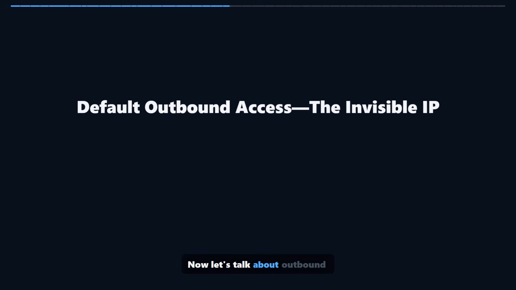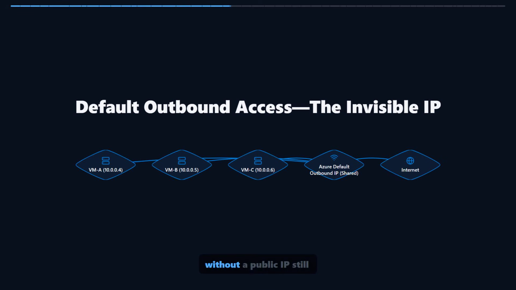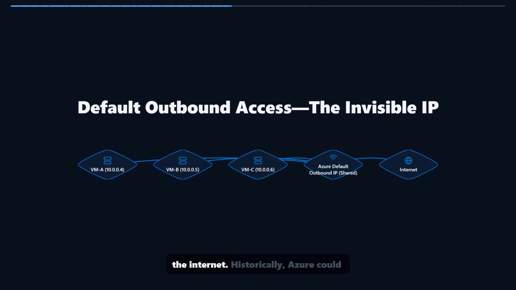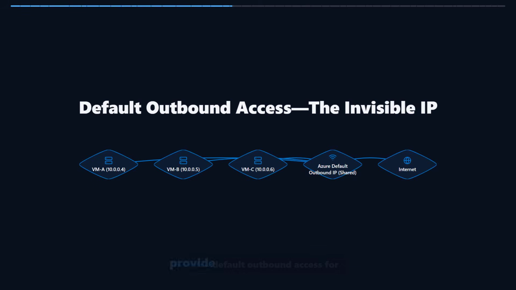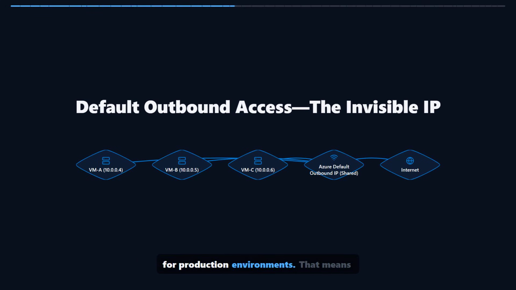Now let's talk about outbound internet connectivity. A virtual machine without a public IP still may be able to reach the internet. Historically, Azure could provide default outbound access for certain deployments. However, Microsoft now recommends using explicit outbound connectivity for production environments.